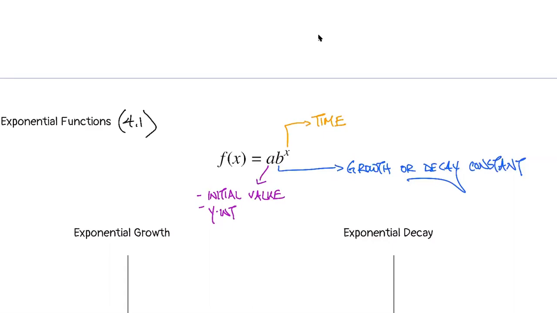And last but not least, our f of x. This whole thing here represents not our initial value, but our ending value. Sometimes people call that a desired value, like it's the number you're trying to find in the problem.